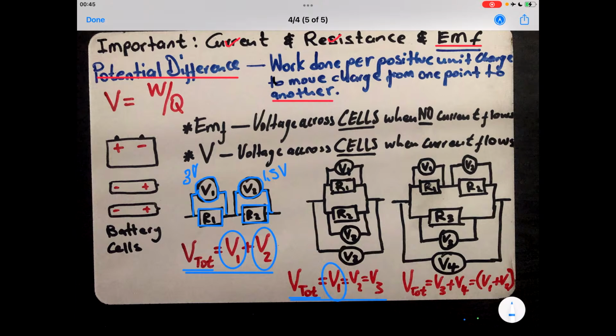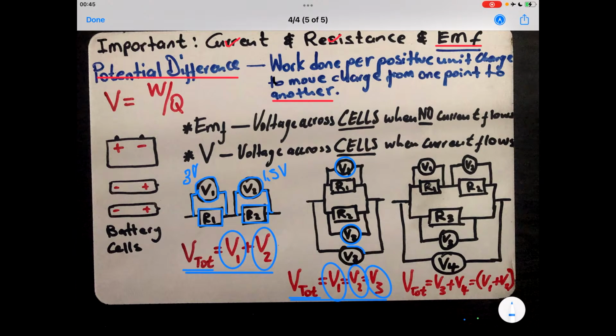That one there. They say it is the same as the V across that voltmeter 2, which is that one there. And again, it is the same as the V connected there.